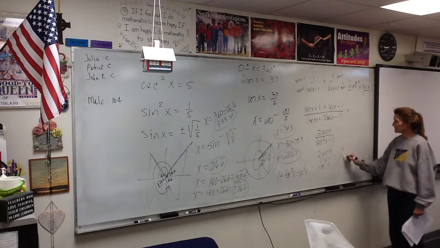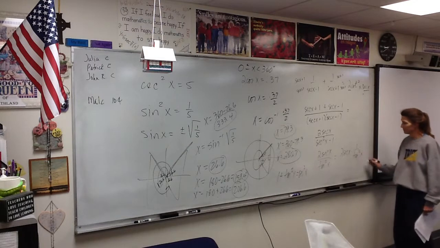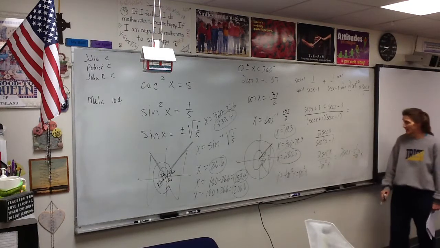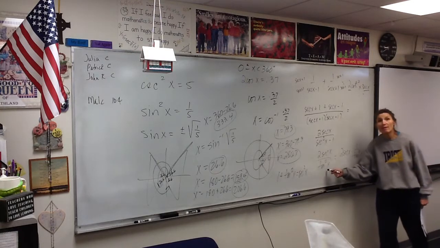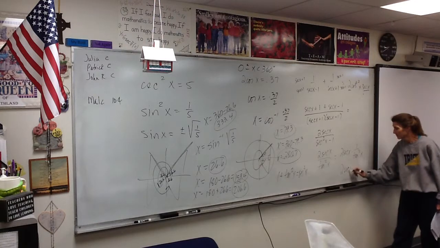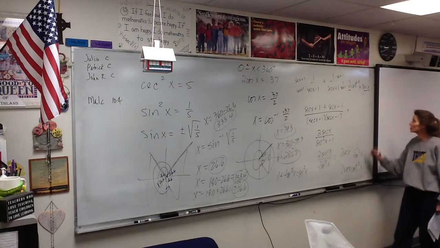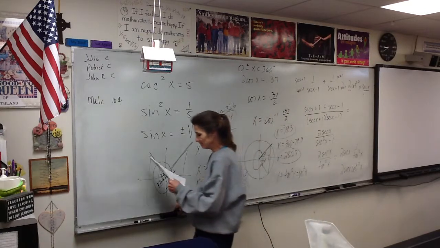This is the same as 2 secant times 1 over tangent squared. Do not be confused by that. If you multiplied 2 secant times 1 over tangent squared, that's what you'd get. But 1 over tangent squared is cotangent squared. And you did it.